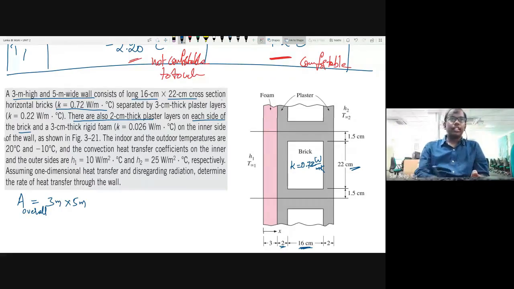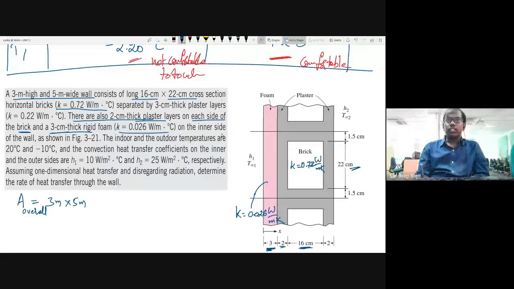On your left and right, there is a 2 centimeter thick plaster layer, and a 3 centimeter thick rigid foam on your left. You can find a pink color foam. Okay, this is not pink in reality, but it is shown so in this diagram. It is 3 centimeters, and it has a thermal conductivity of 0.026 watt per meter Kelvin.